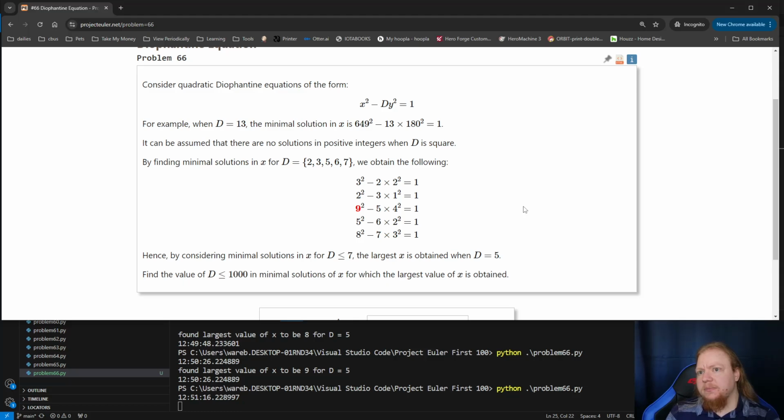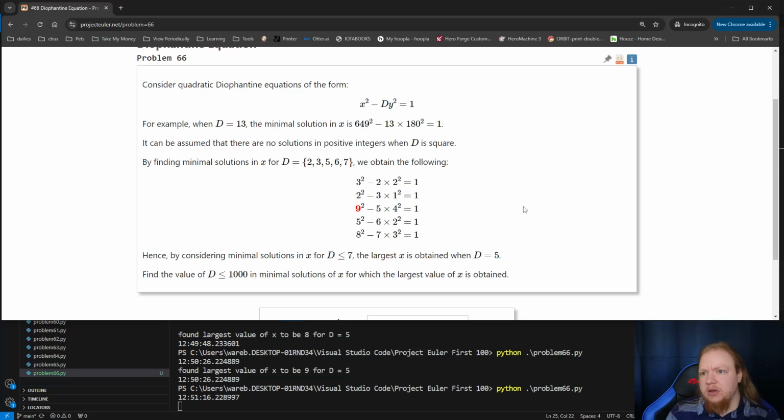There is something we can do, I think. Well, maybe not, because I was trying to think, can we do some sort of, x squared has to be evenly divisible by d, but that doesn't quite work.